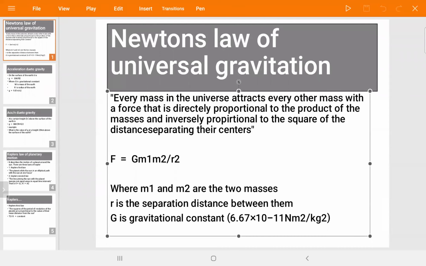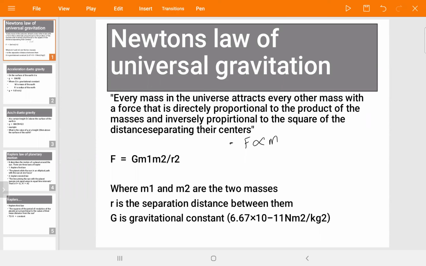Then we can just say two points here. The first one is that force is directly proportional to the product of mass 1 and mass 2. And the second point is that force is inversely proportional to the square of the separation distance. These two points are very important.